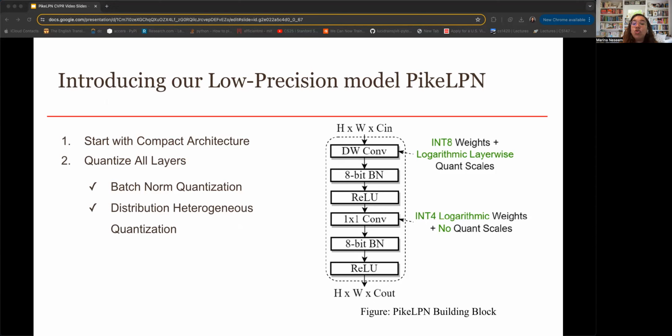And then we also introduce a distribution heterogeneous quantization, which we use to mitigate the distribution mismatch of the pointwise and the depthwise layer in the separable convolution block. And also we introduce a double quantization strategy where we quantize the quantization parameters themselves to further reduce the cost. More details about those quantization techniques can be found in our paper.